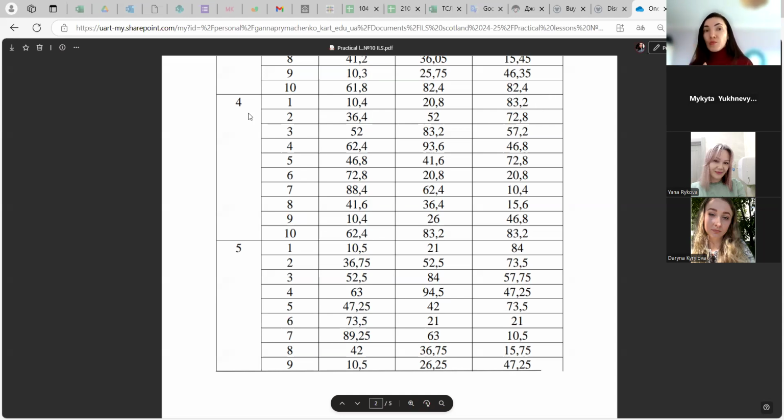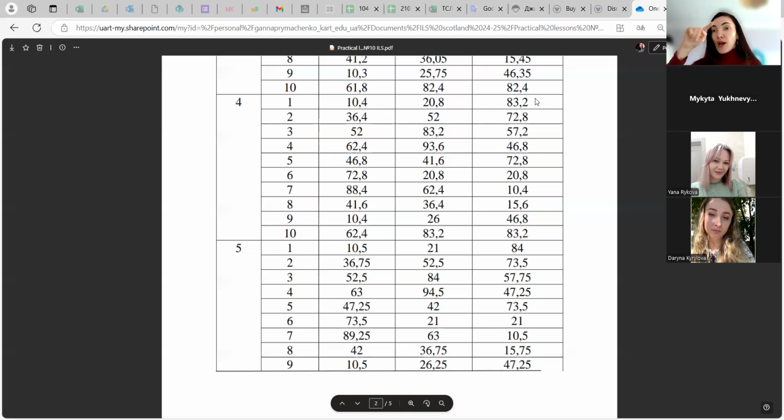So for variant number 4, we multiply 10.4, the distance in kilometers for coordinate x, multiplied by 83.2 tons per month.